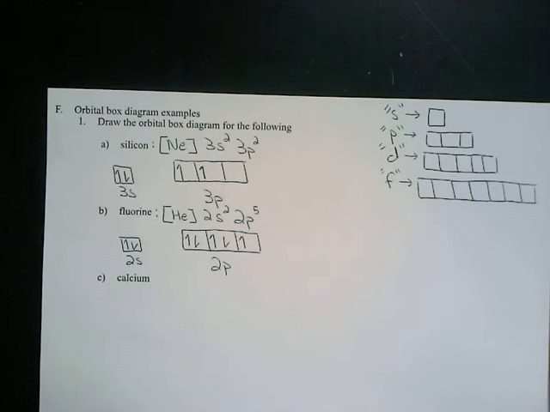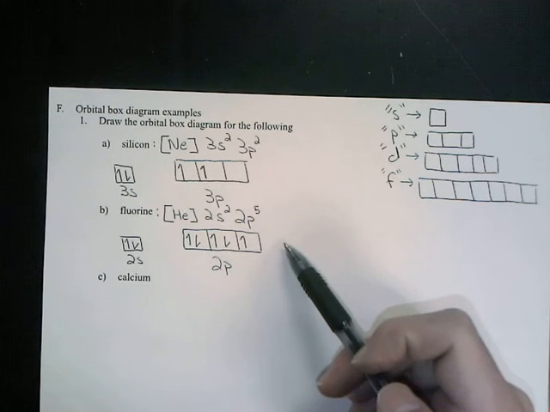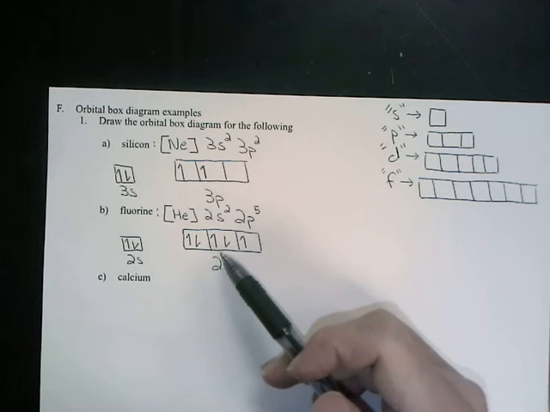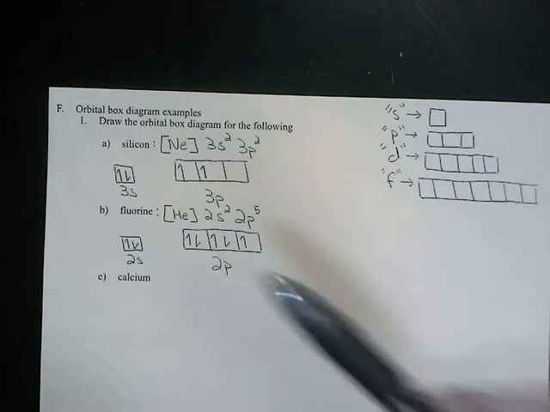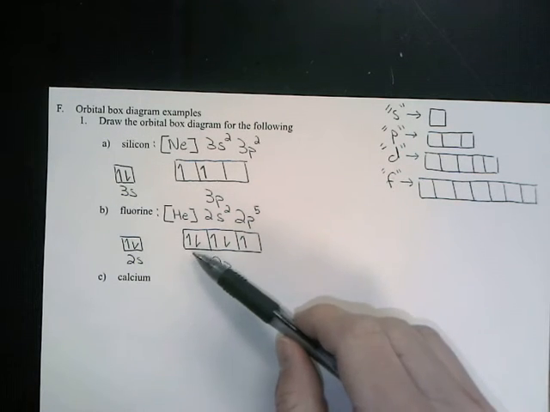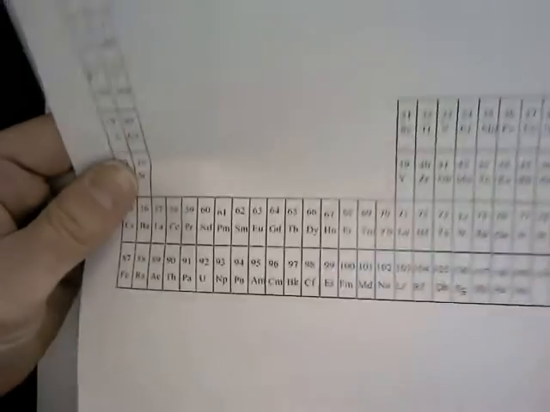Now, we are out of electrons, so this last box would not get an electron. Again, you have to add all up arrows before you go back and you add doubles, okay? The other thing is, again, they all must be up arrows before you add that down arrow, and that represents the electron spin.